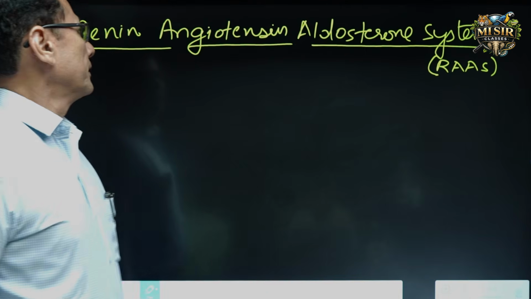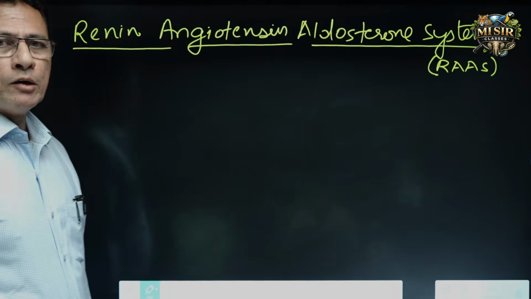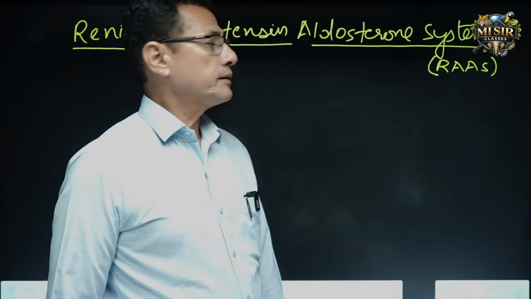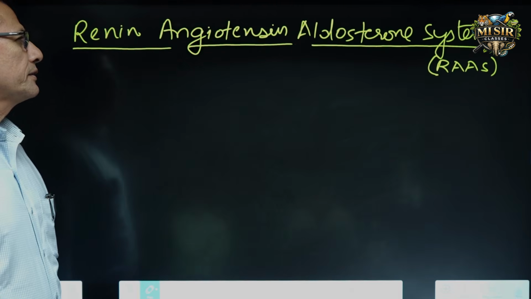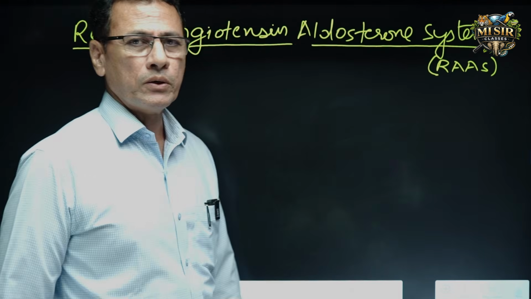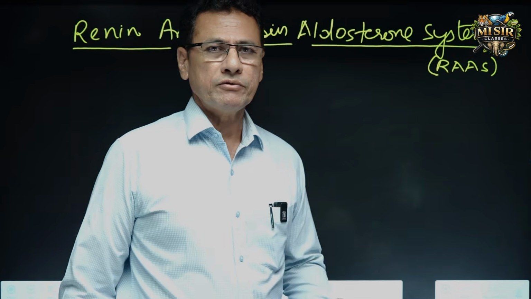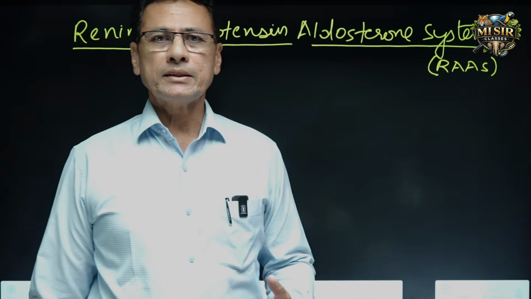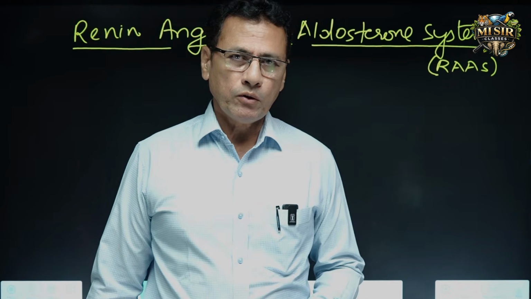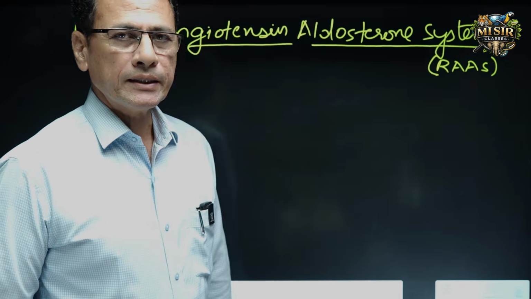There are three important biomolecules which are mentioned over here. One is renin, another is angiotensin, and third one is aldosterone. These are the three chemicals which are released from different organs, different sites, and they jointly perform important function to regulate the kidney function.